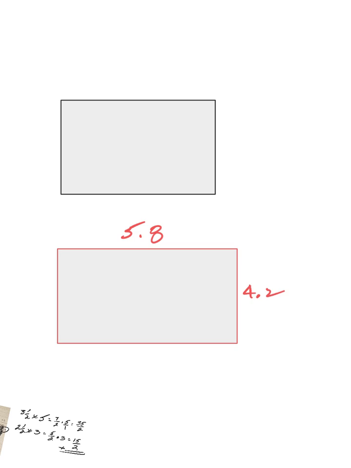How much less is the area covered by this carpet than the one we did in problem 5? Okay, so the problem 5 one was 26 square yards. So that's where we put yards, and we put a 2 up there for square yards. Now we find out what the 5.8 times the 4.2 is.